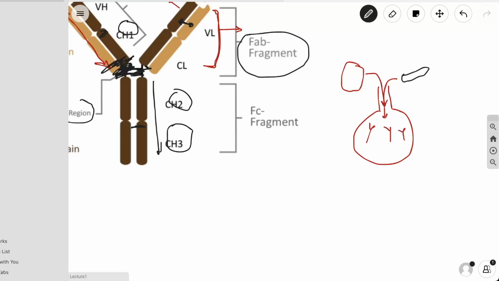Papain was introduced into the flask, as well as antigen was introduced into the flask again. Then when the antigen got into the flask, it binded at the antigen binding site, like we talked about. The antigen was binding to this antibody in this area.